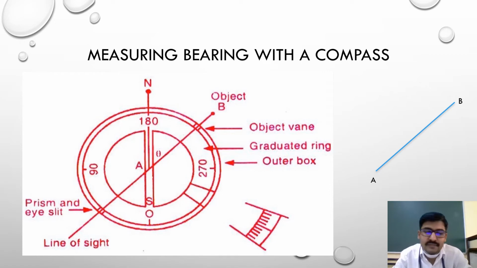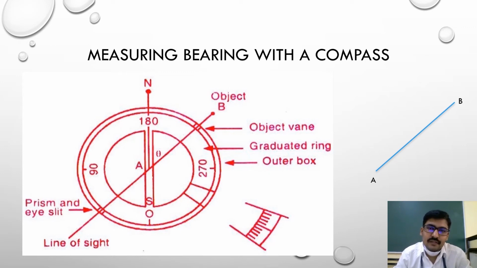That can be easily measured at the prism side, right? So the compass will have degrees and minutes, right? The minimum angle which can be measured in the compass will be 30 minutes, half of a degree, because 1 degree means 60 minutes, right? So every degree is subdivided into two equal parts, and one single part will be half a degree, and half a degree is nothing but 30 minutes.